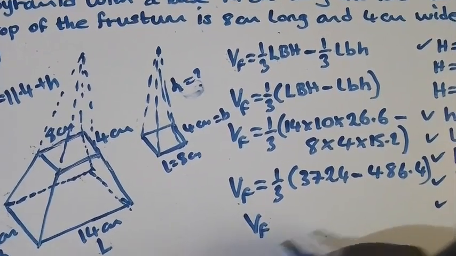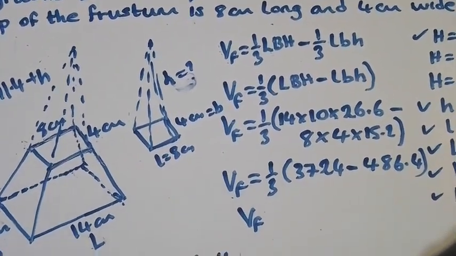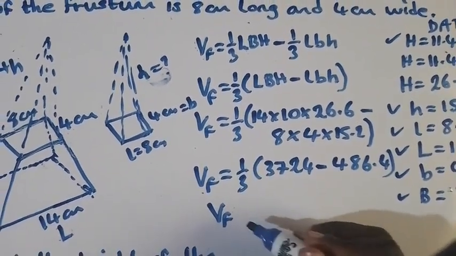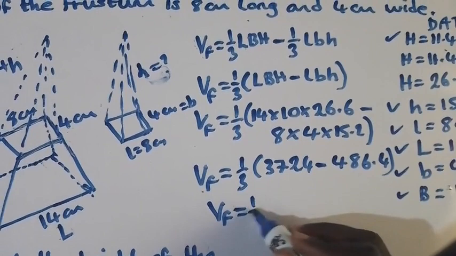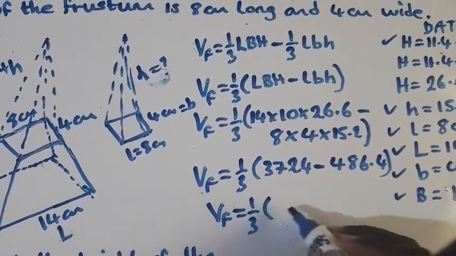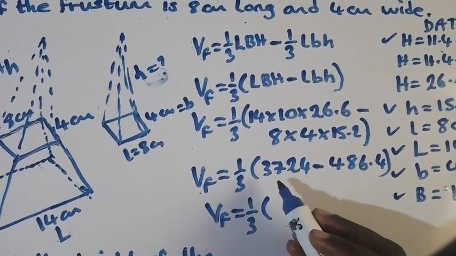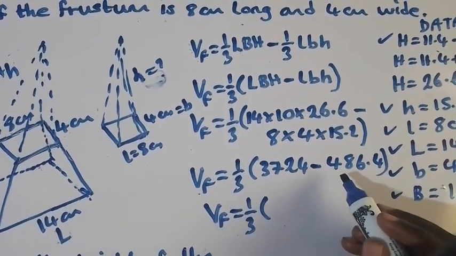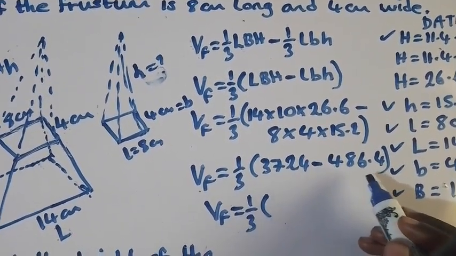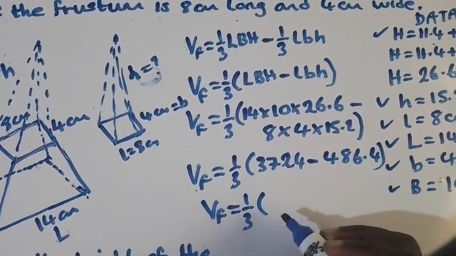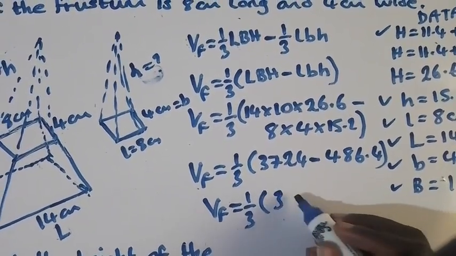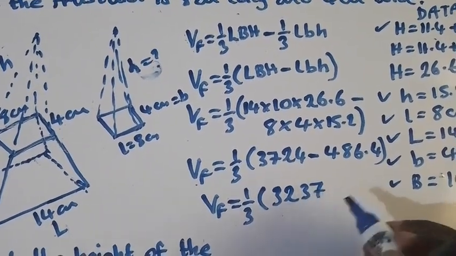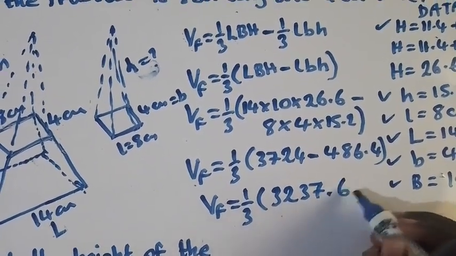So VF will be equal to 1 over 3, open bracket, 3,724 minus 486.4. This will give us 3,237.6.